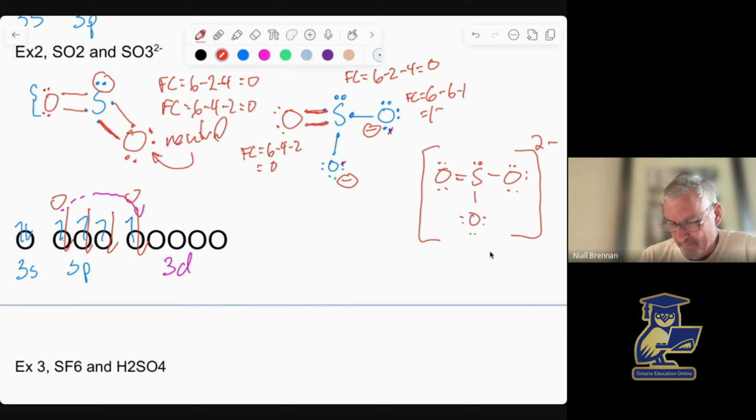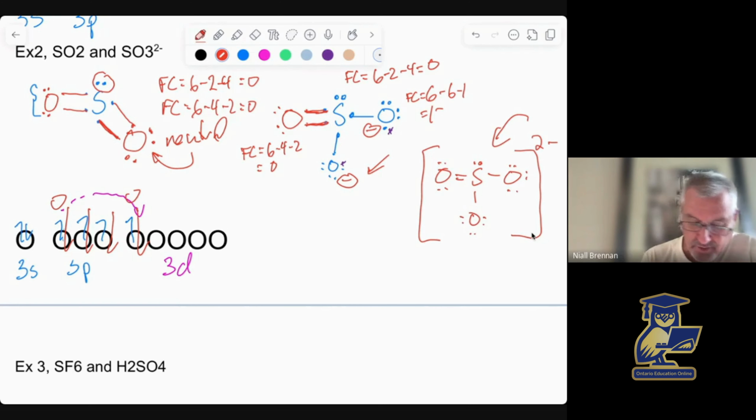So this is a bit of a wimpier diagram right over here. I don't like it as much, but you see it all the time in textbooks. I like the slightly more rigorous version right over here, just because you locate exactly where that formal charge is: 0 on the oxygen, 0 on the sulfur, -1 on the oxygen, -1 on the second oxygen.